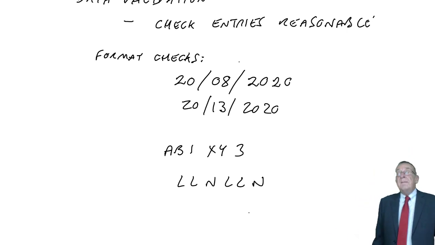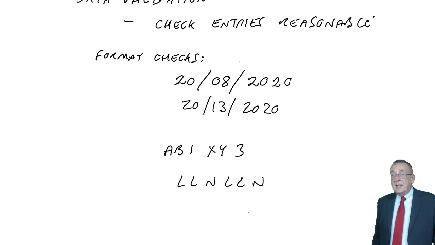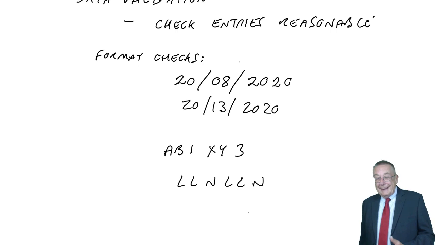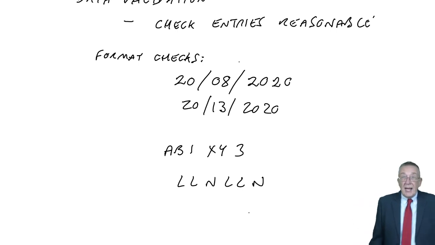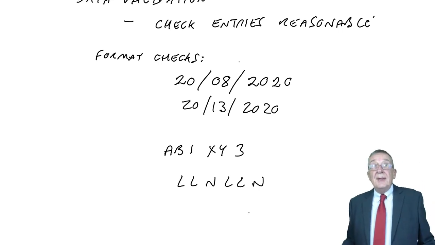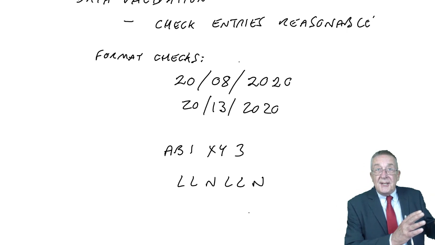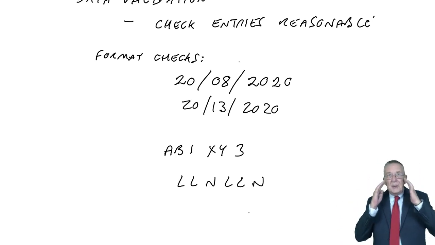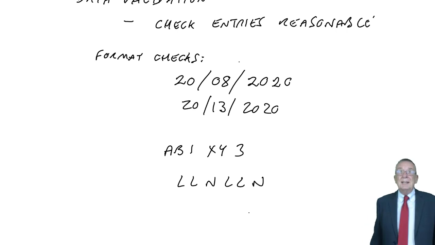So there's a format. For a lot of data that's being entered, there is a standard format. Maybe it's all numbers, maybe it's all letters, maybe it's like that postcode. But when it's being designed, the software, every time anything needs entered, we should think, are there any limits on it? Is there a special format?